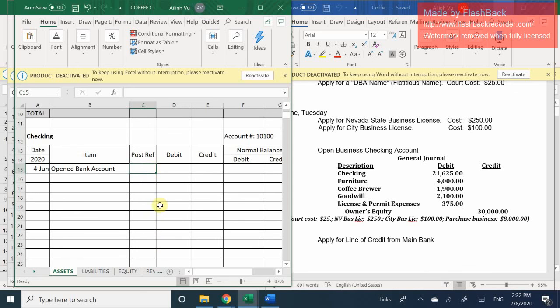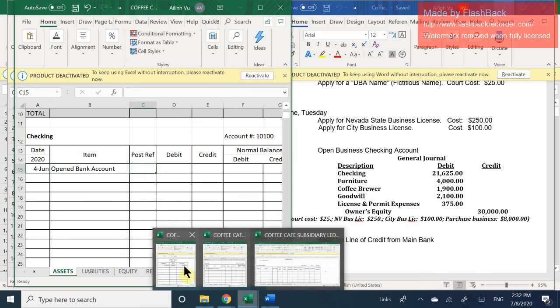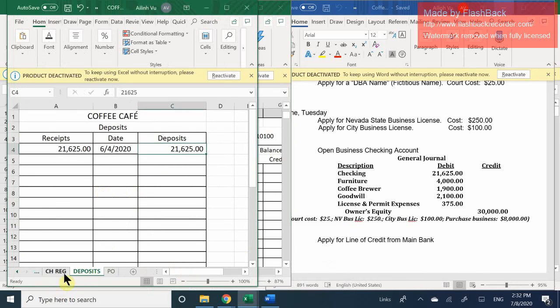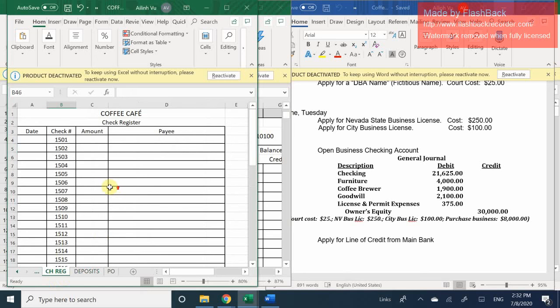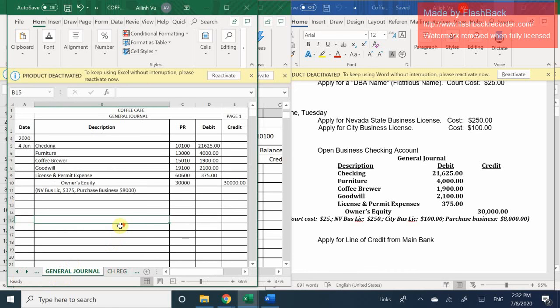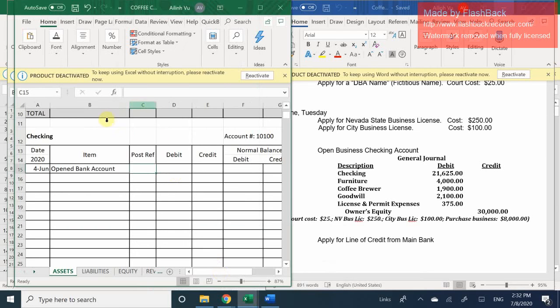In this case, I'm going to look at the top of my general journal, which should give you a page number, and I'm on page number 1. So in my ledger, my post reference is going to be General Journal 1.